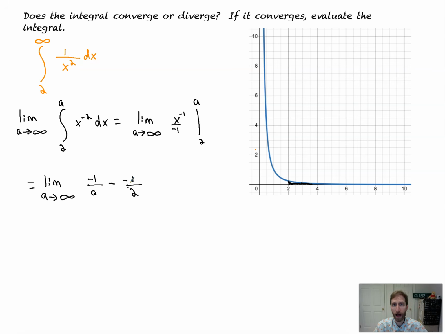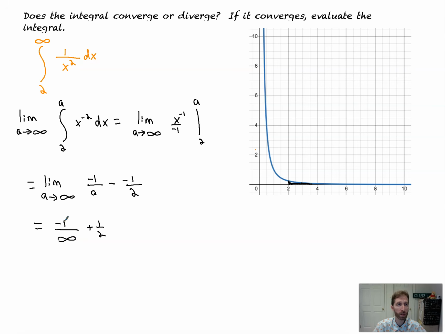So this is just a constant. But the limit as a goes to infinity of this, well, something's going to happen here. We're taking the limit itself, so I don't have to write that down again. We're going to get negative 1 over infinity plus 1/2. So we don't actually have to write the limit again.